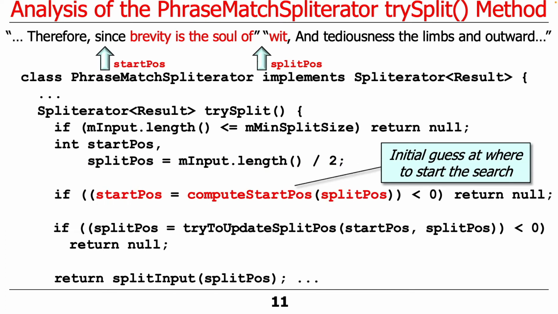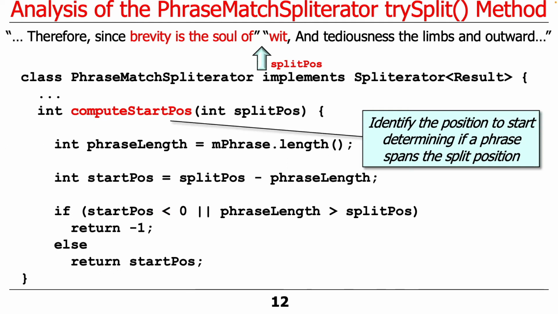We then go ahead and compute the start position, and that's our initial guess. So computeStartPos is going to take a shot at trying to split things, and then we'll do some other stuff to update the split if there's going to be an overlap. So here's what computeStartPos does. We take that initial guess, which is half.